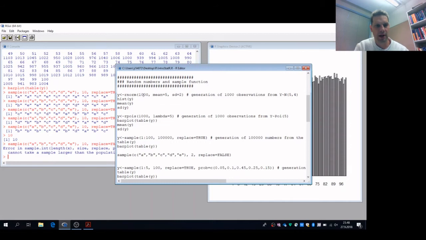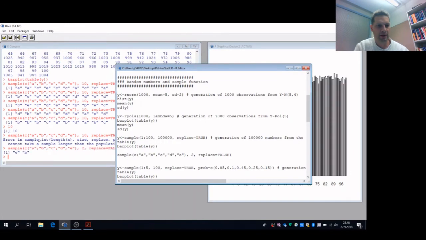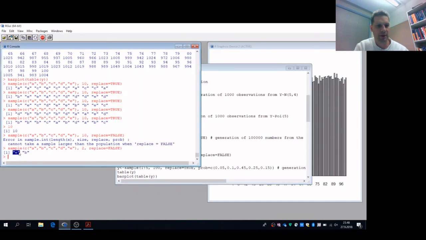But if we are picking up two elements from this list, the first one, E, has been picked simply by randomly selecting one of these elements, and after E has been selected, then B was selected by randomly selecting one element from the remaining list. So replace false works in that way.